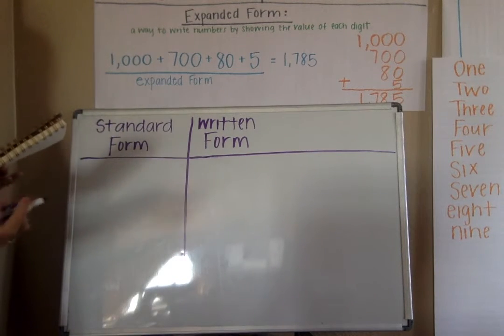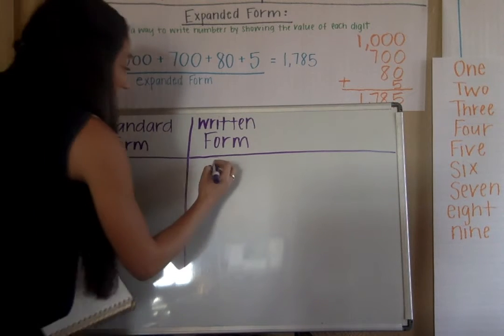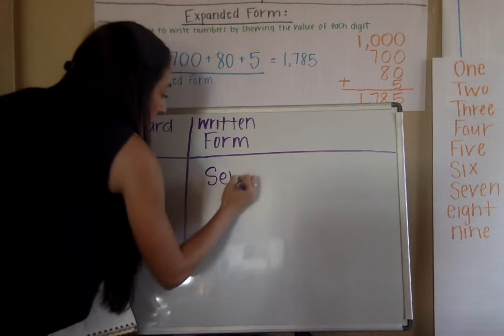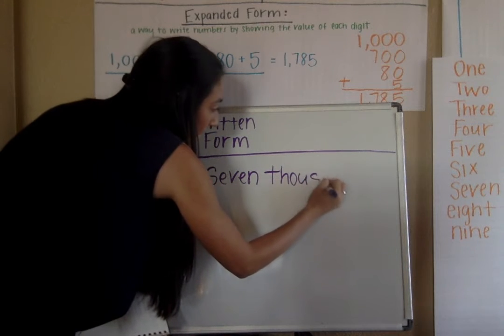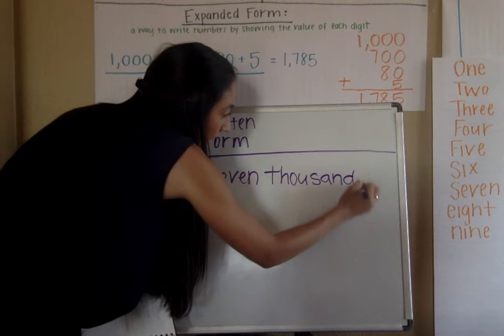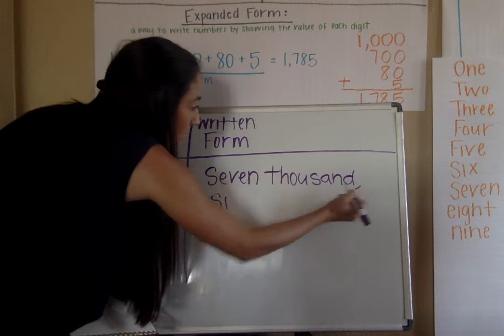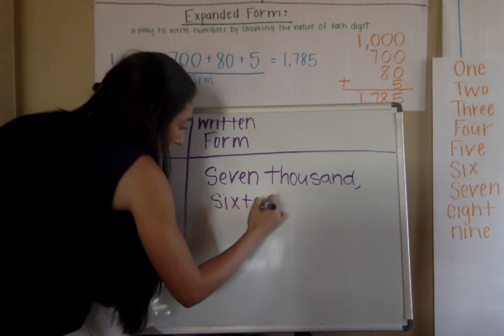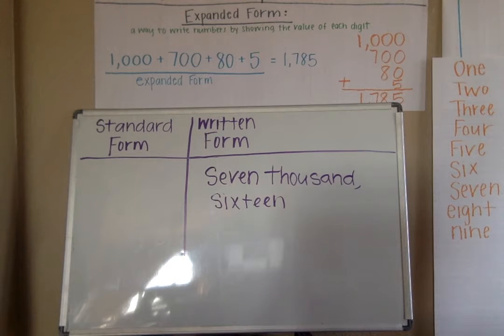I'm going to write 7,016. Now, I have it in written form.